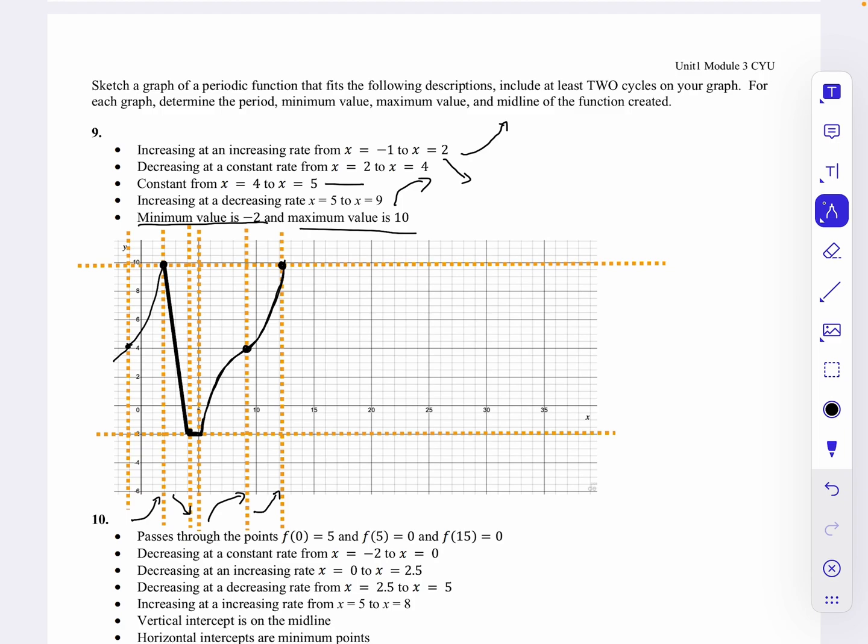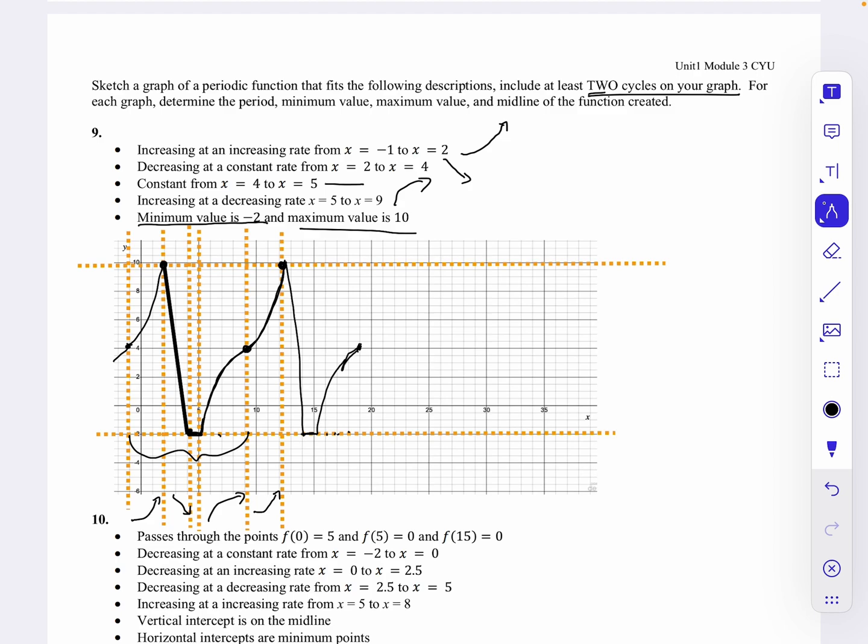And so we have 1 period here, and I needed to do at least 2 cycles of your graph. So, you can keep this going, 2 units down to 1 unit over, 1, 2, 3, 4 units, 2, 3, 4.